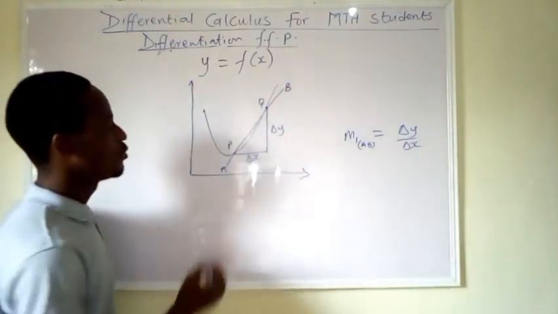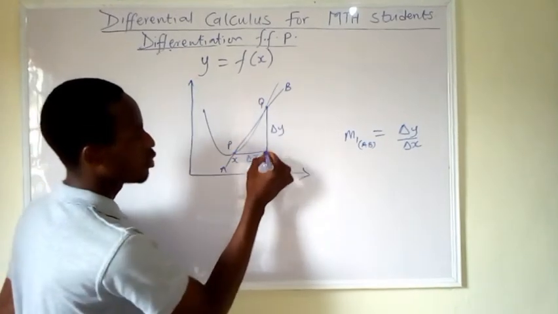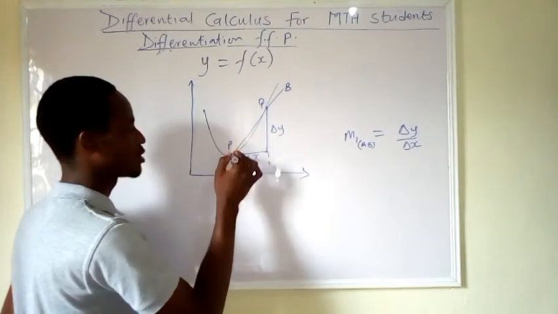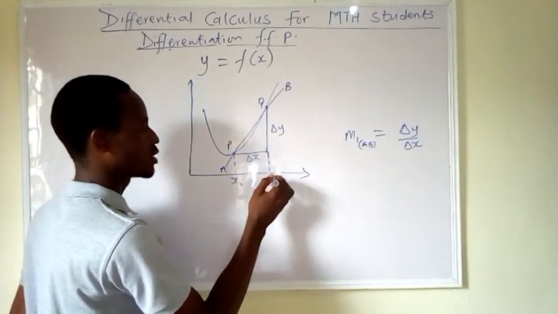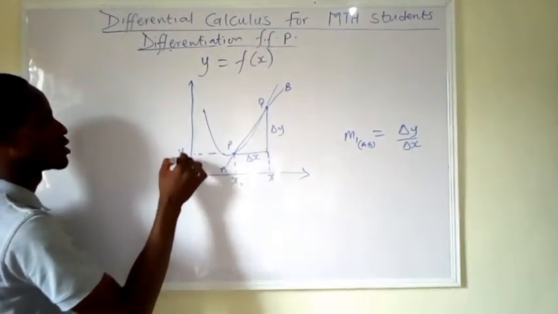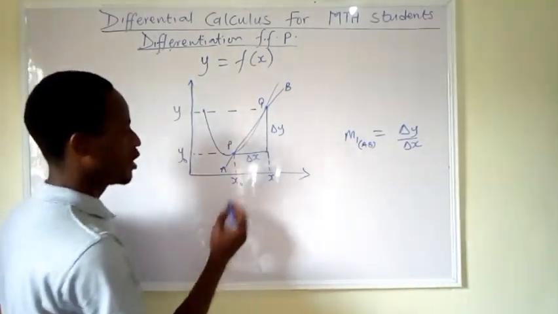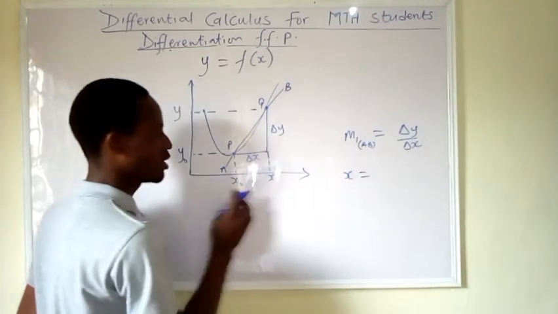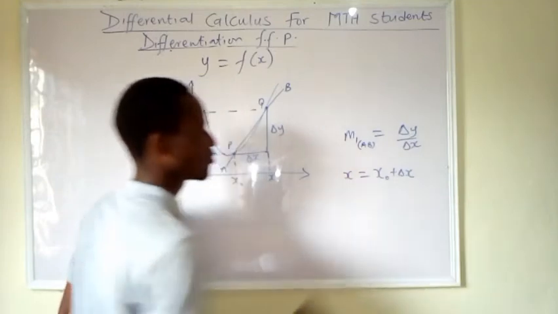So now, don't forget the coordinate of point P is x naught, y naught. The new coordinate at this point is x, y. It implies that the new value of x here is the same thing as x naught plus the increment.